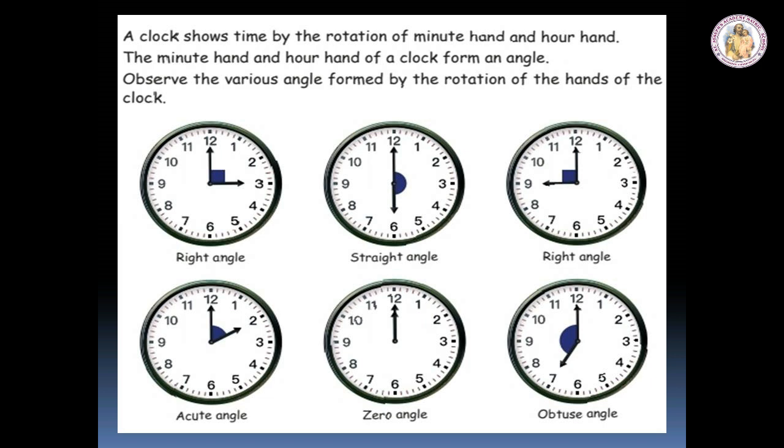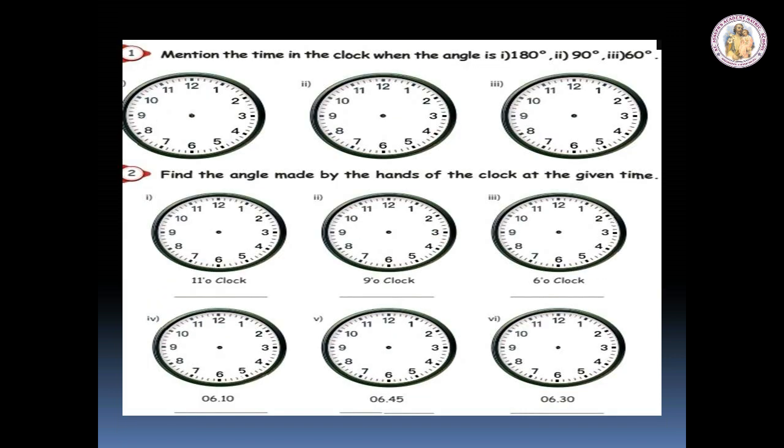The fourth one shows 2 o'clock, that is an acute angle, less than 90 degrees. The fifth one is 12 o'clock, a zero angle, because if you keep the protractor, it always shows a zero angle. Then the last one is 7 o'clock, it shows an obtuse angle, above 90 degrees. That is called an obtuse angle.